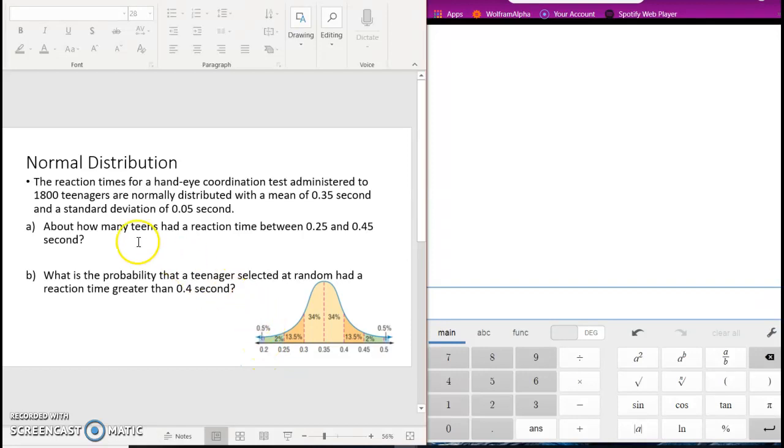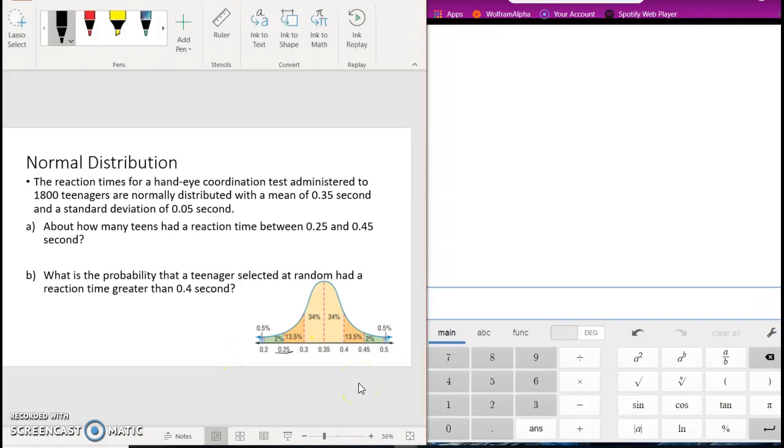Now, we want to know how many teens had a reaction time between 0.25 and 0.45 seconds. So looking at our normal distribution curve, here's 0.25 and then 0.45 seconds.